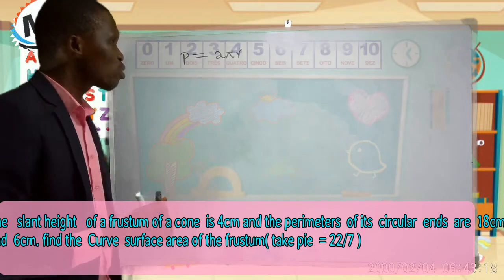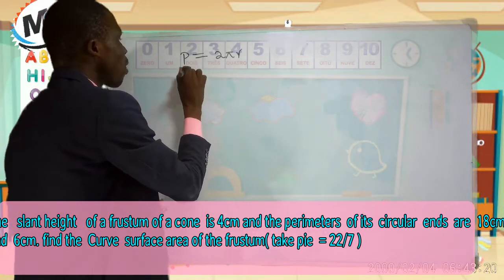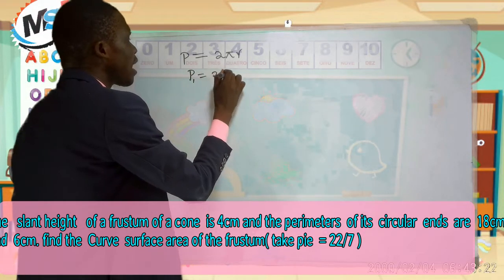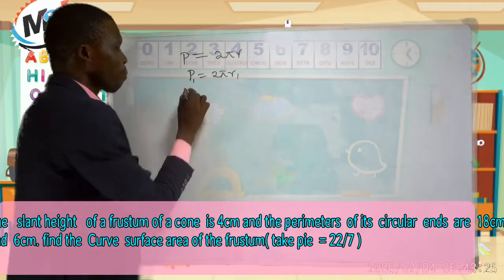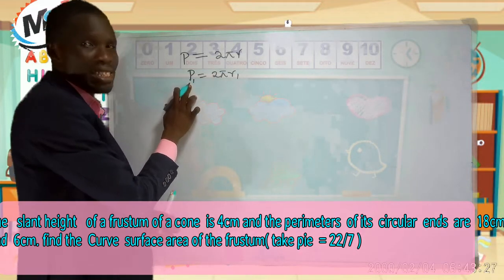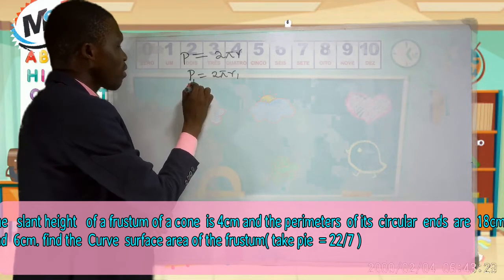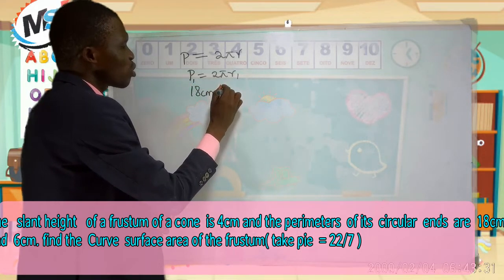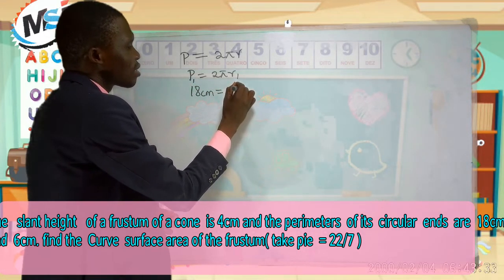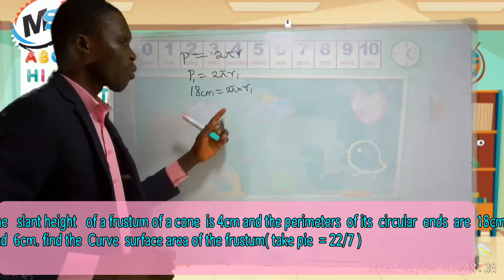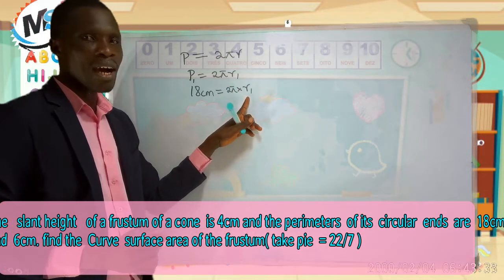So for you to do this, you can say P1 equals 2 pi R1. So P1 is 18 centimeter. So we are going to have 18 centimeter equals 2 pi times R1. So what we are looking for here is R1.